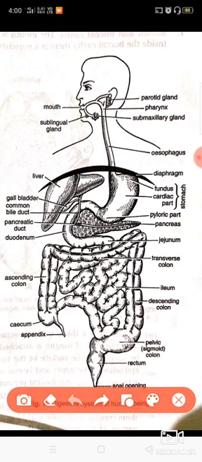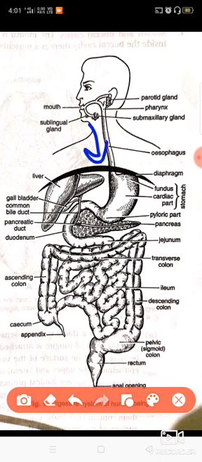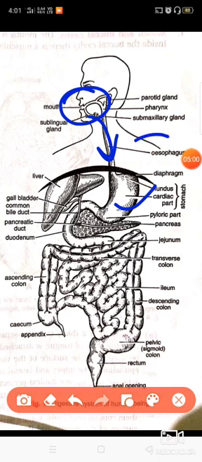Then the food moves down to the stomach through an organ known as the esophagus. In common terms, it is known as the food pipe. It slowly takes the food from the mouth to the stomach.